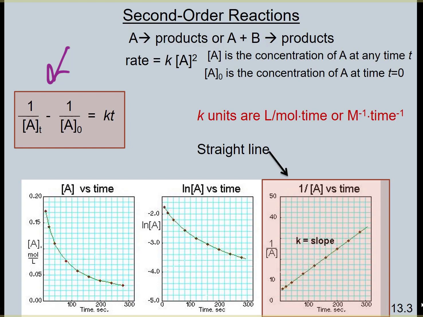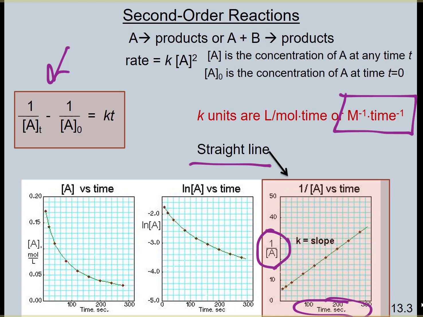And our units for second order reactions for the rate law constant are always molarity to the minus 1 times time to the minus 1. And on this one, you get your straight line if you take 1 over the concentration with time on your x-axis. So you can look for that straight line.